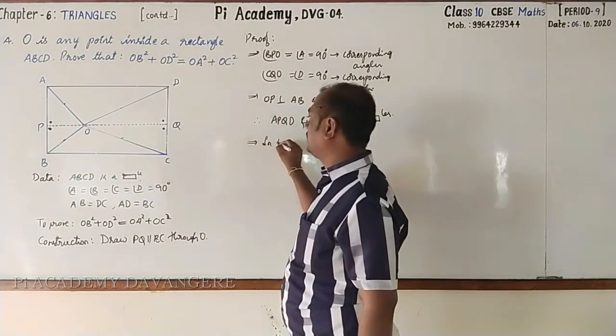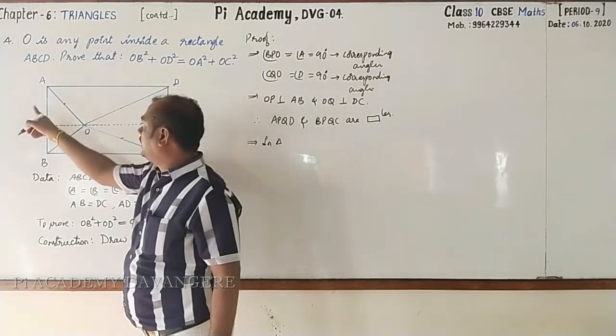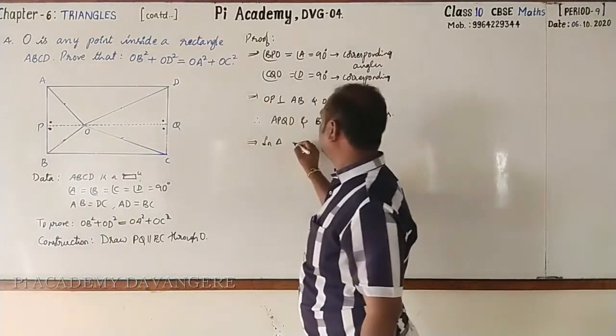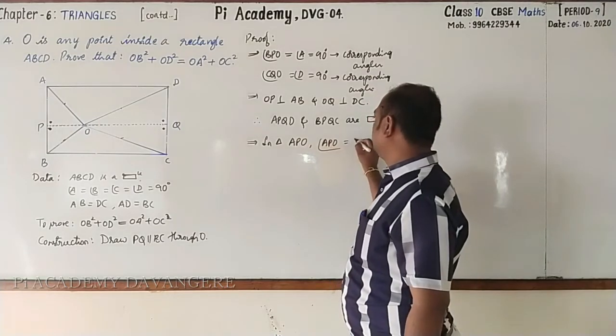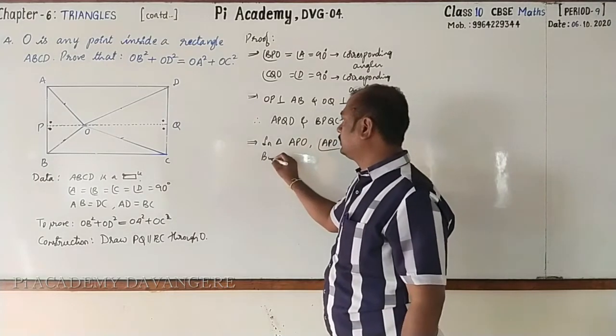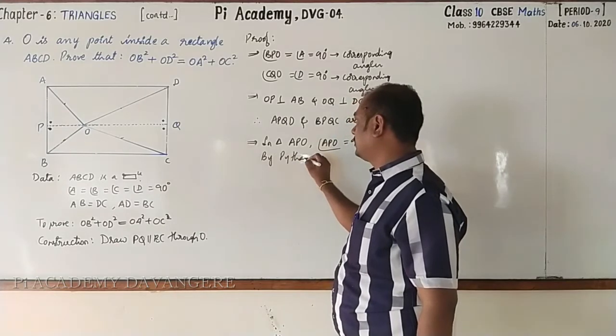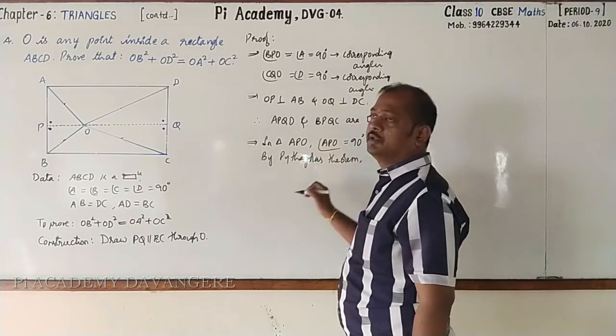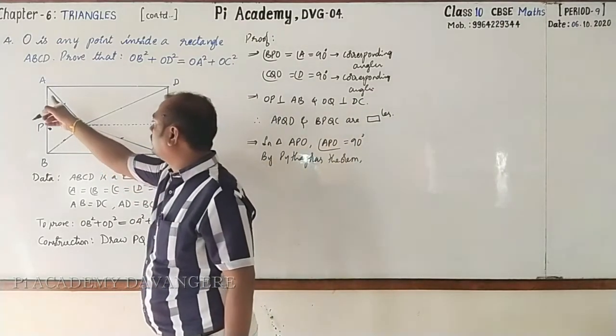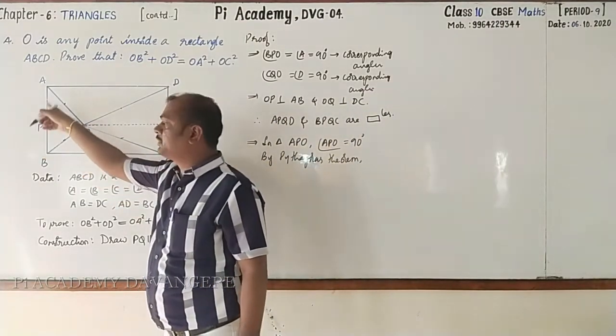First, I'll take the triangle APO. In triangle APO, angle APO is 90 degree. Therefore, you can apply Pythagoras theorem. According to Pythagoras theorem, how do you go for writing? It is OA square equal to OB square plus AP square.